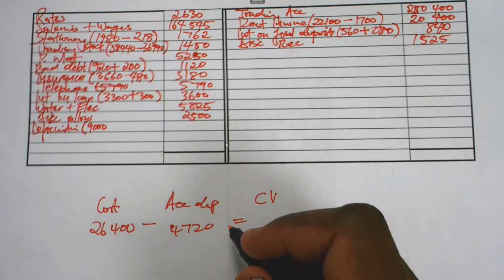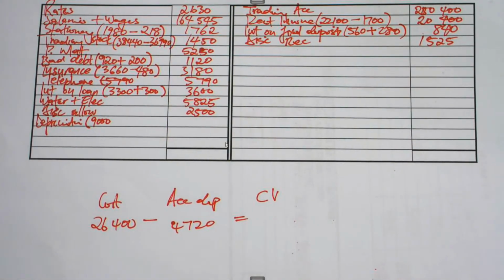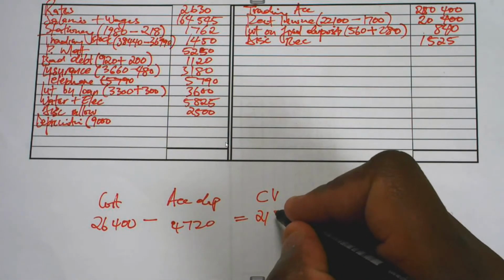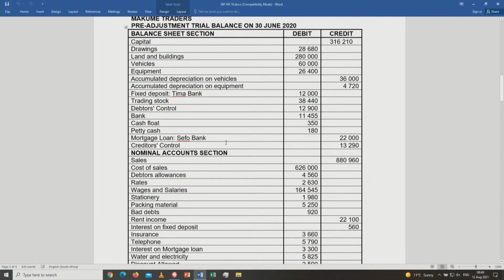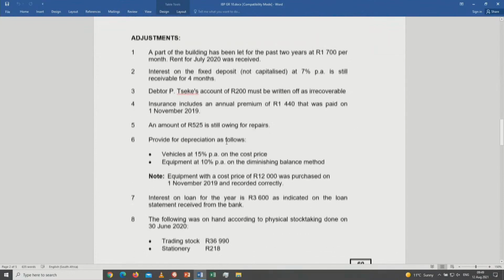Let's check. 26,400 minus 4,720, we have the carrying value of 21,680. But what is the rate? The rate is 10%.